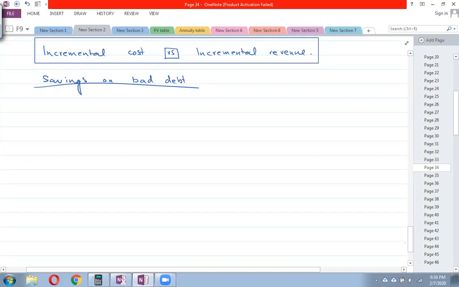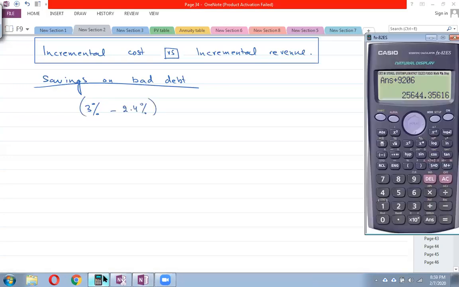Both of them are perfectly fine. It's up to you. Savings on bad debt: 3% is the current bad debt, but it will be reduced to 2.4%. So the savings will be 3 minus 2.4, which means 0.6%.